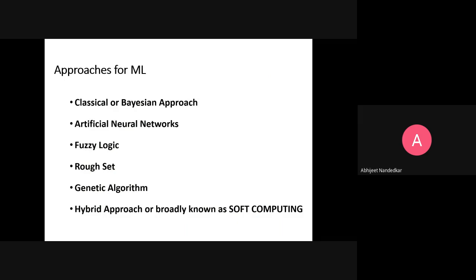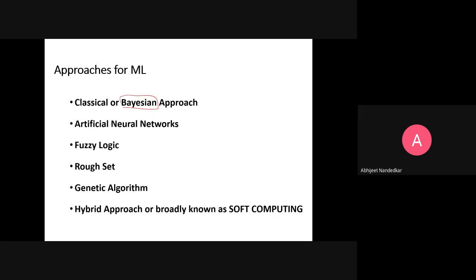Now there are many approaches to machine learning. Whatever we will be doing in this course is basically the classical approach, which has been in existence for quite a long time. If you see the history, the Bayes theorem came in the 16th century, so it's quite old.